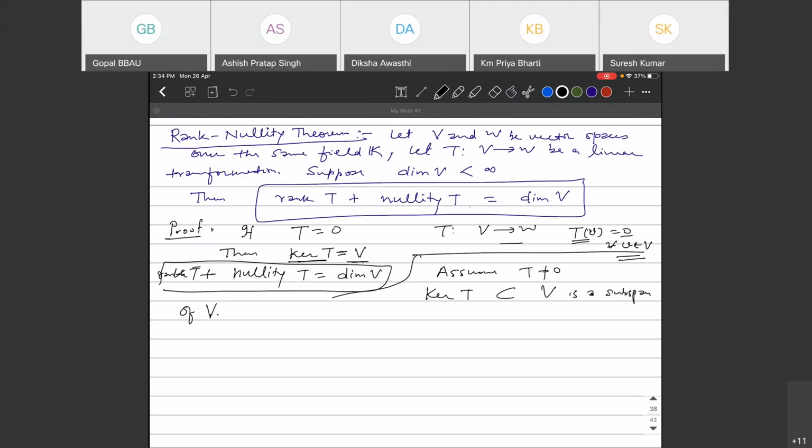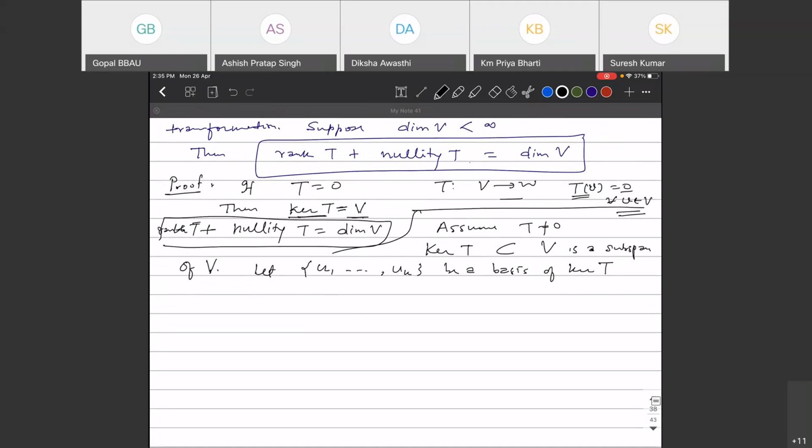So the kernel of T, being a subspace of V, has a basis. Let U1 to UK be a basis of the kernel of T, that is the null space of T. Since the kernel of T is a subspace, this basis can be extended to a basis of V.